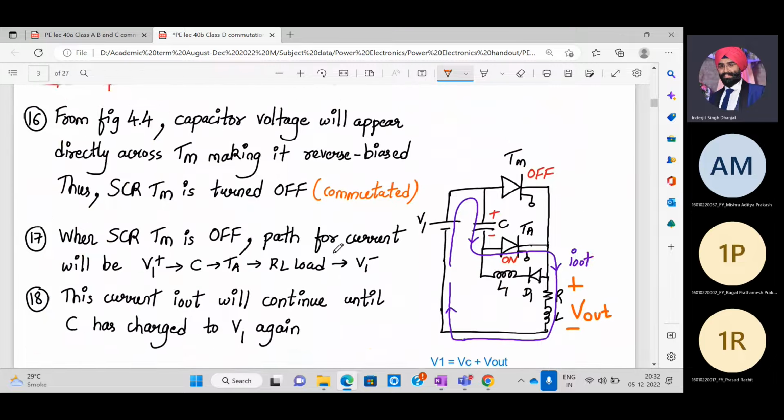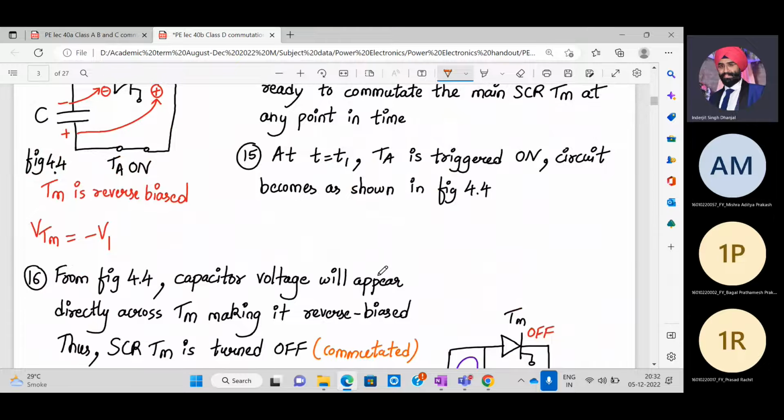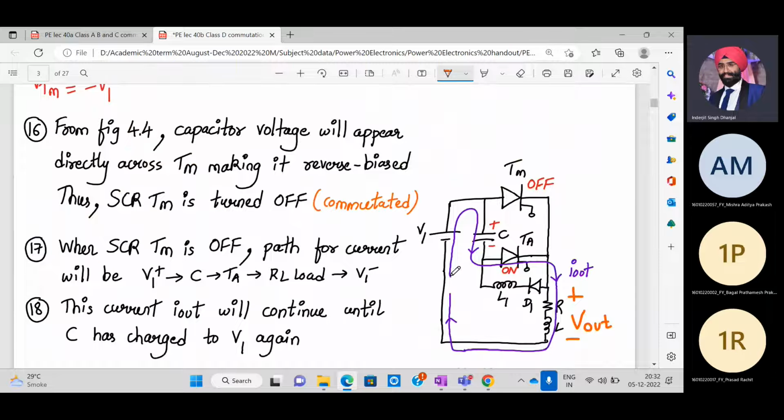So now again, TA is turned on, right? Now the capacitor will charge with this polarity, so the current will flow like this. The I out, the load current, will flow like this. Because we have an RL load, the current flowing through the load will remain in the same direction.